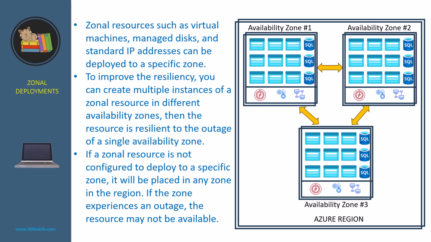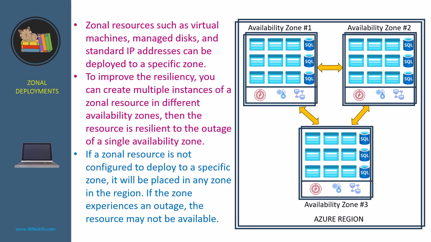In contrast to zone redundant deployments, in zonal deployments, zonal resources such as virtual machines, managed disks, and standard IP addresses can be deployed to a specific zone. To improve the resiliency, you can create multiple instances of a zonal resource in different availability zones.